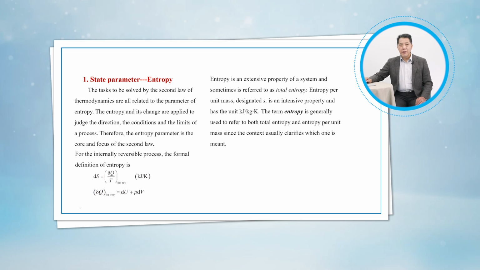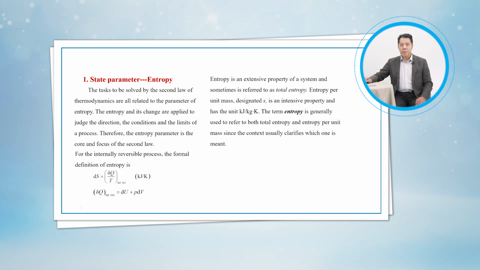For the internally reversible process, the formal definition of entropy is: for the internally reversible process, the first law is: Entropy is an extensive property of a system and sometimes is referred to as total entropy.